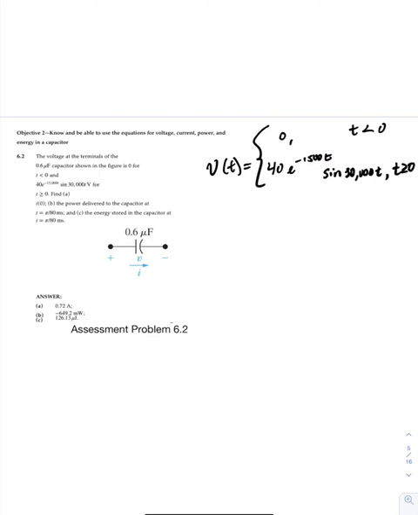And we can redraw this to look like this. And the voltage, or the current, i. Okay, so first part. Find i of 0.